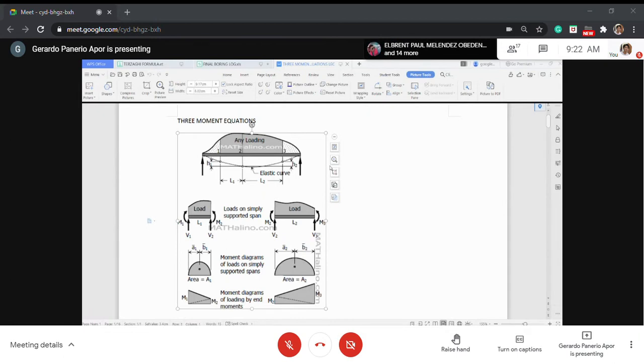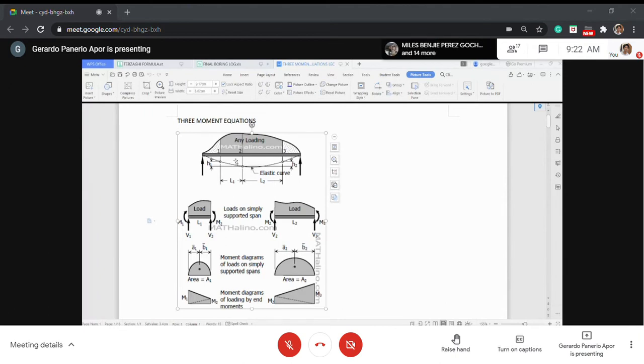Under points one, two, three, you drop a vertical line. Due to the load, these points will deflect. There is a point under points one, two, three in the undeflected shape. The distance traveled by point one to the elastic curve is what we call the deformation of point one, or the vertical deflection of point one.